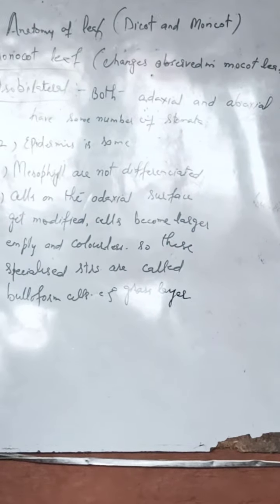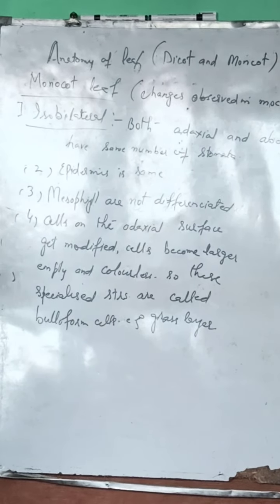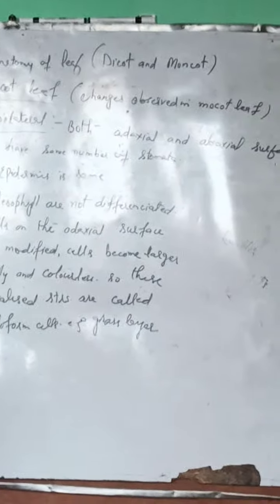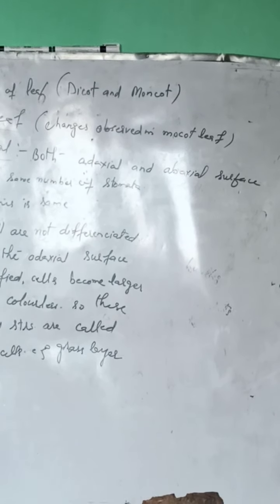So what is the function of these bulliform cells? These cells curl the leaf from the upper surface.